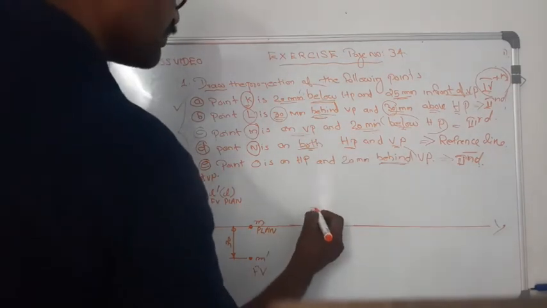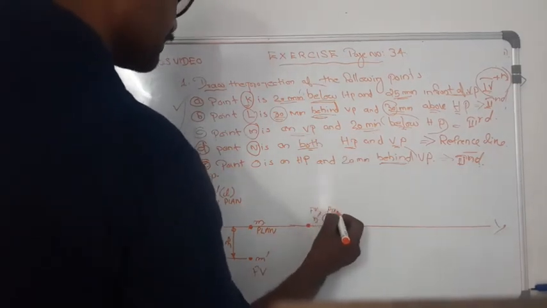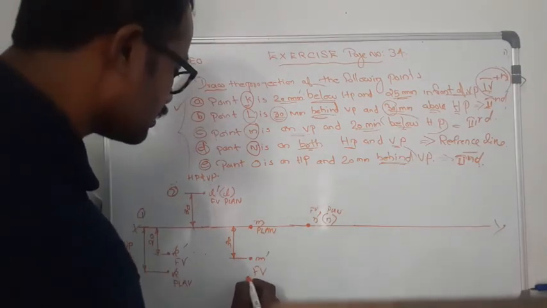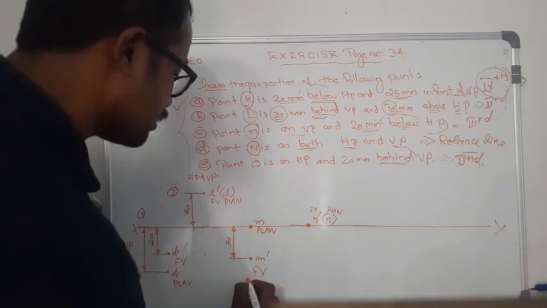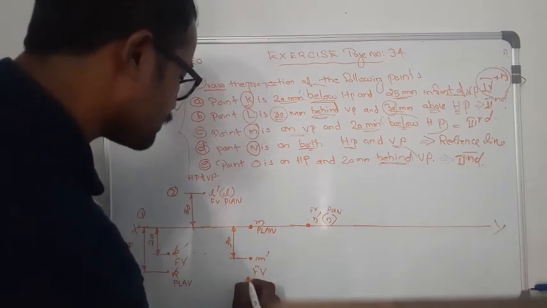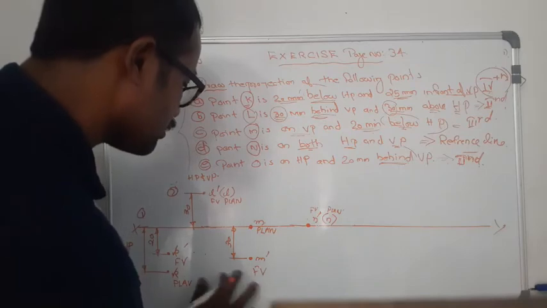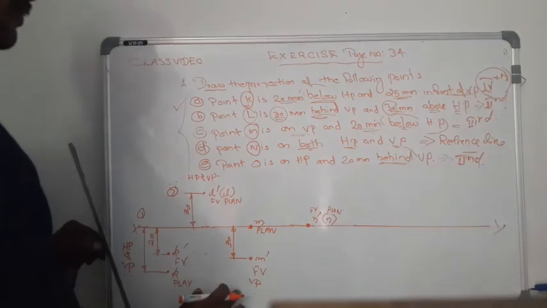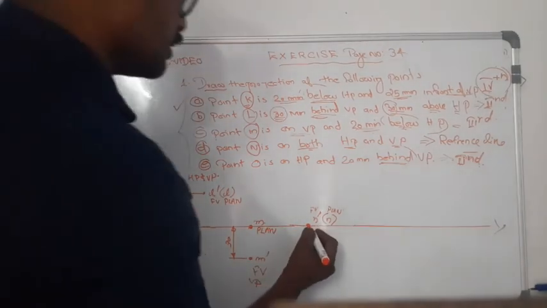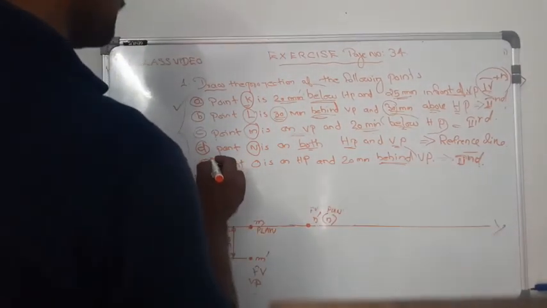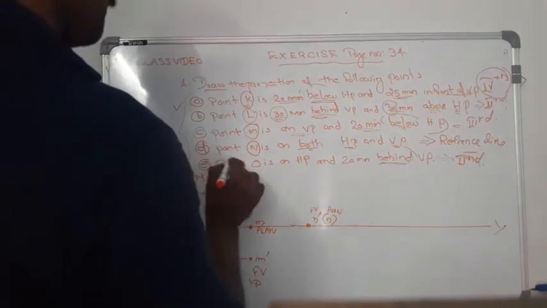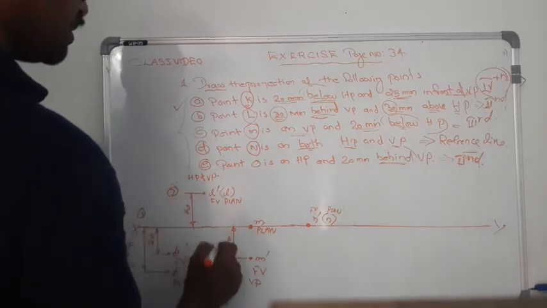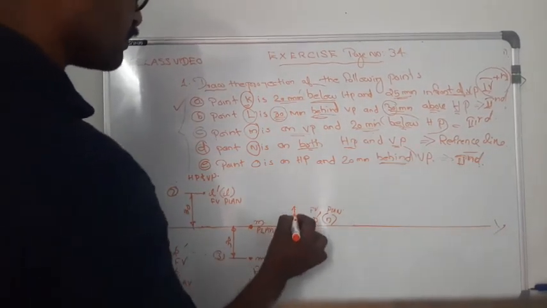This is the front view, this is the plan. Next we have to move on. This is first, second, third, and this is fourth.